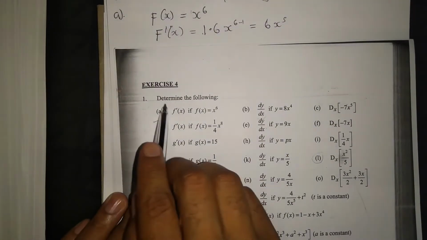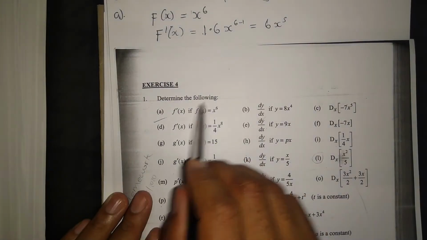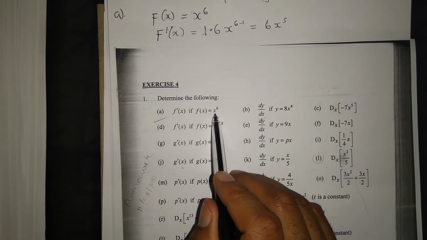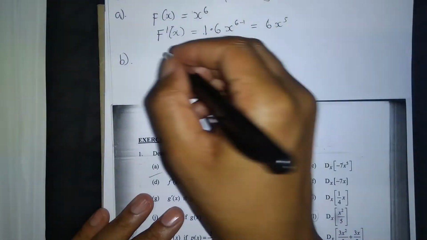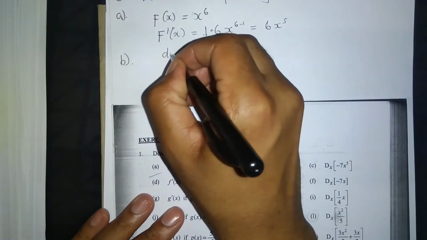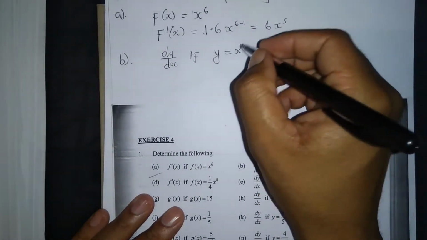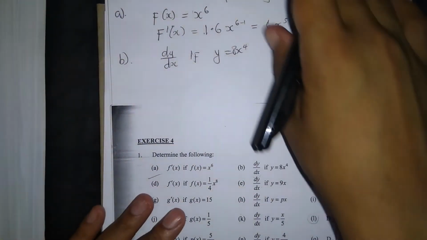I'm sure to determine its derivative if f of x is given as such, right? Now number 2, sorry, b, sifuna ukudetermine dy over dx if y is equal to 8x exponent 4, right?